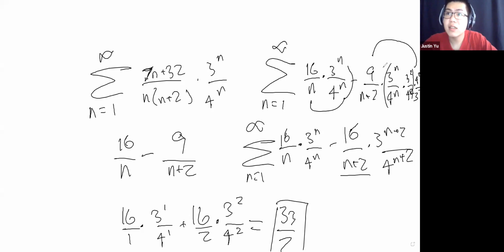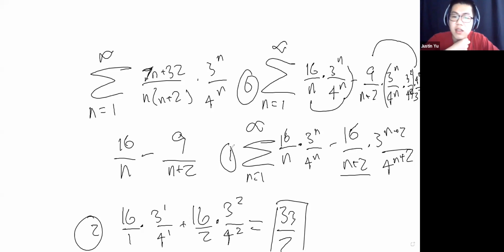How did I get from here to here? I wanted 3 to the n plus 2. Oh, are you talking about 1 to 2, Gabriel? 0 to 1? Oh, how did I get from here to here?